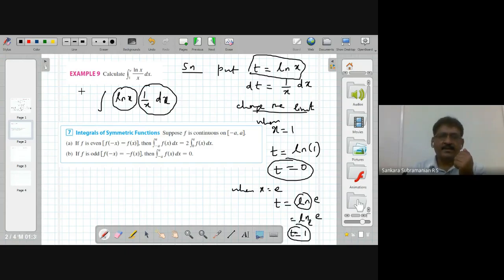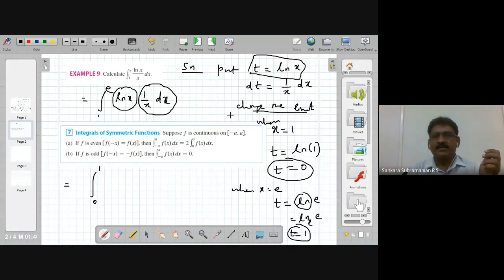Therefore, this integral over the limit 1 to e of log of x by x dx: when x is equal to 1, t equals 0; when x is equal to e, t equals 1.